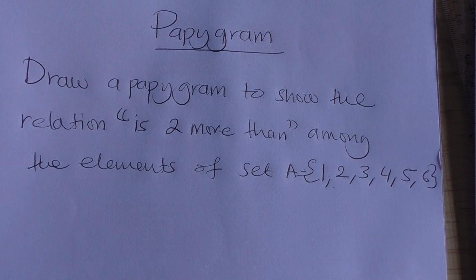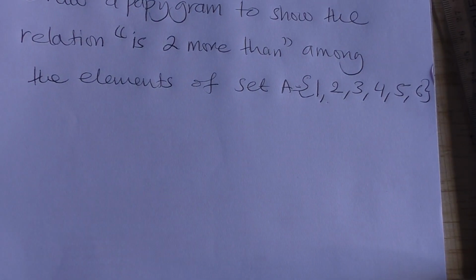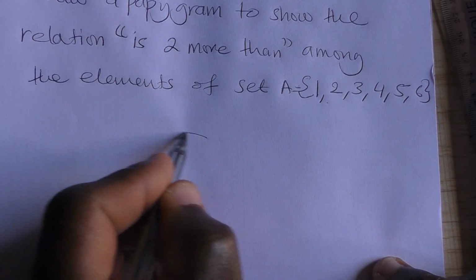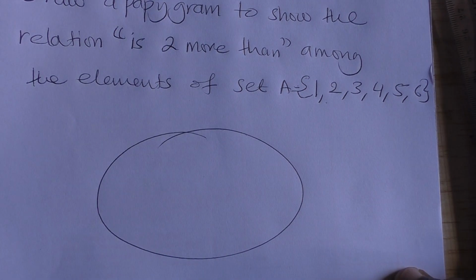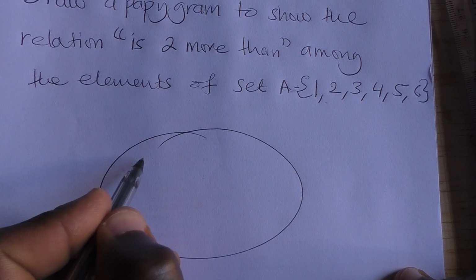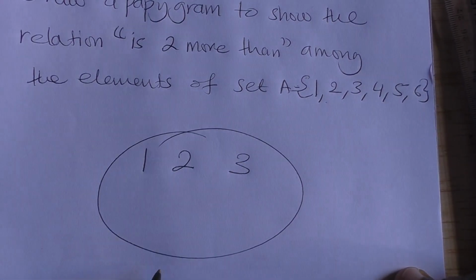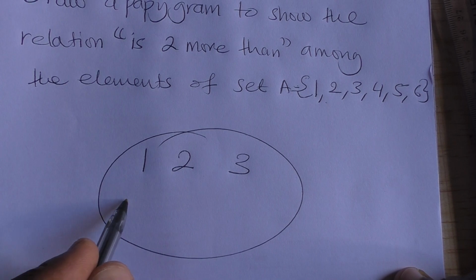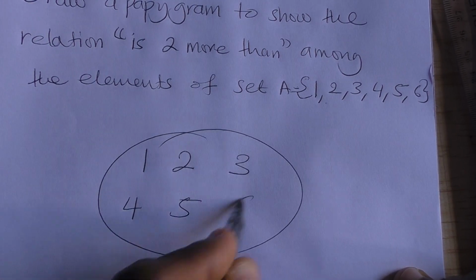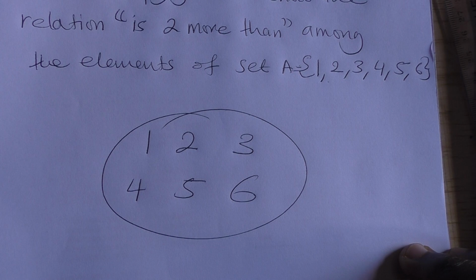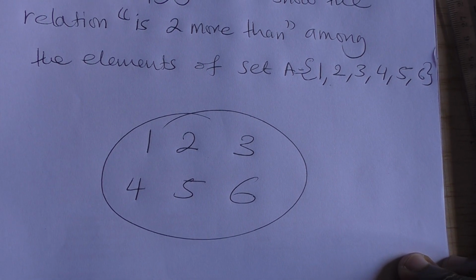It can take an oval shape or a circular shape, but we can use any. So we shall list our elements of set A in a parallelogram. Then we are to show the relation is 2 more than.